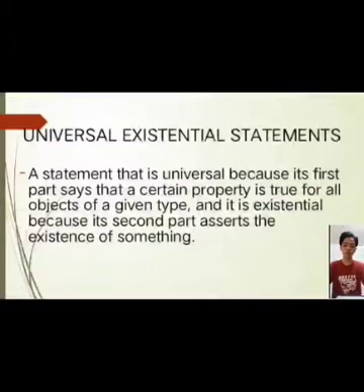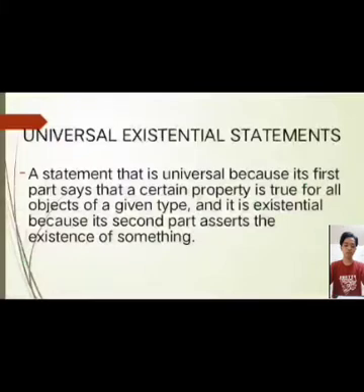So in my own understanding, the universal existential statement is a certain property that is true for all objects of a given type. In addition, from what I read, universal existential is like the additive inverse, which particularly talks about the first part of a property.